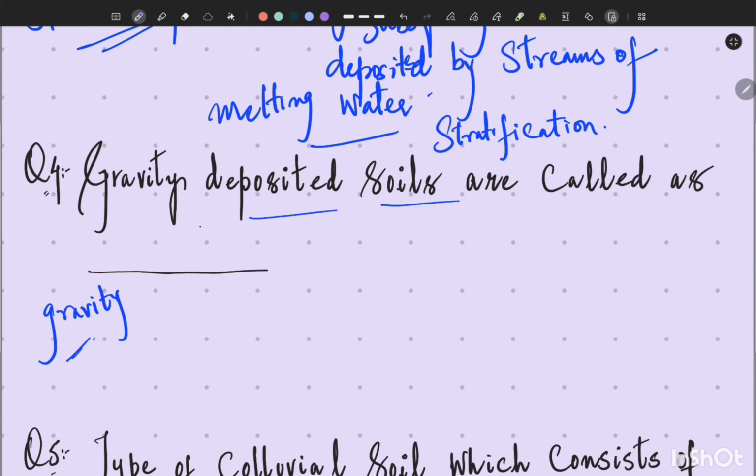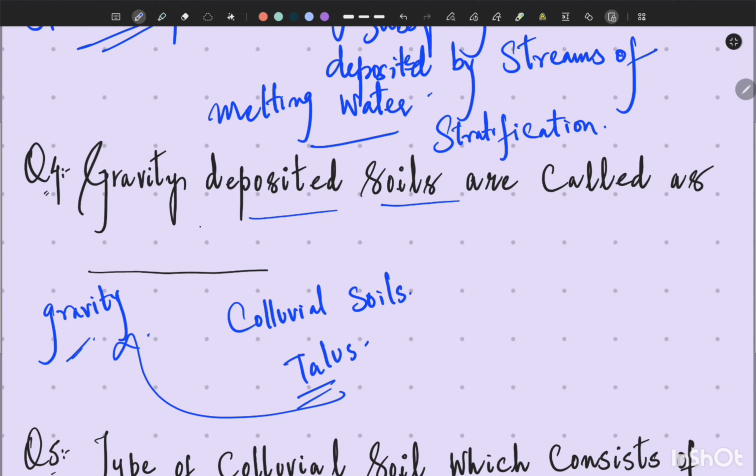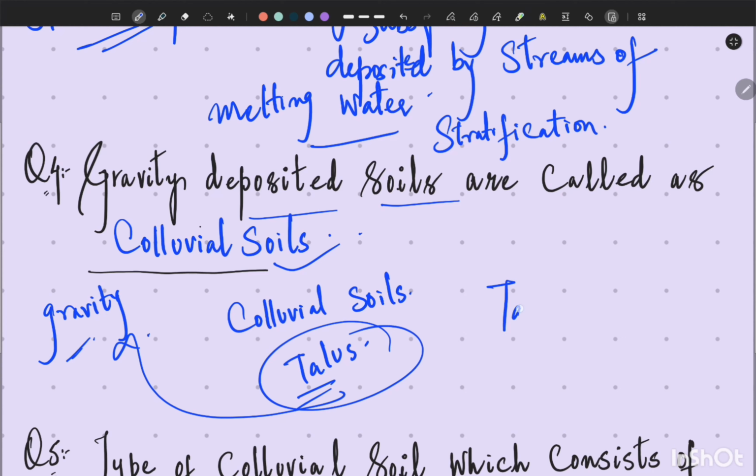And colluvial soils such as talus are deposited by gravity. So the general term for the gravity deposited soils is colluvial soils. Their biggest example is talus. Talus is a type of colluvial soil, and has been deposited by gravity.